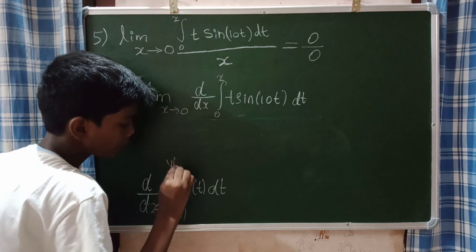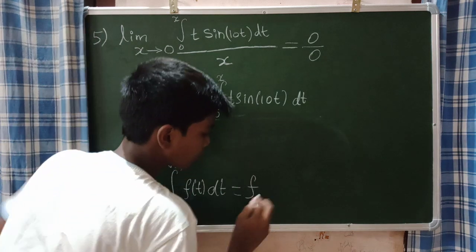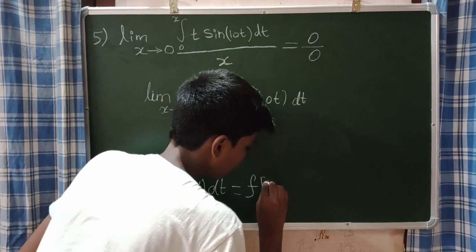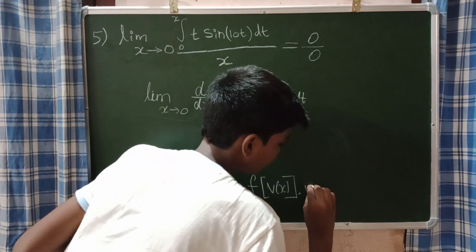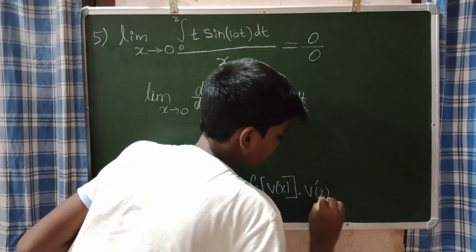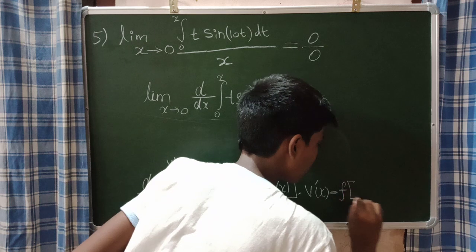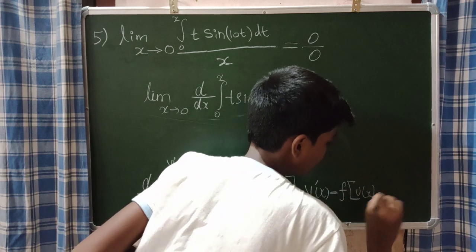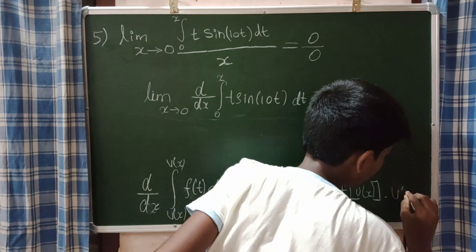Guys, this is the form I'm writing, just as an example. It will be equal to f of v of x, multiplied with the derivative of v of x, minus f of u of x, multiplied with the derivative of u of x.